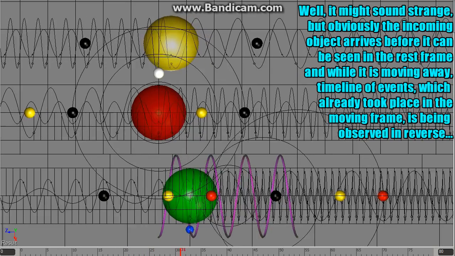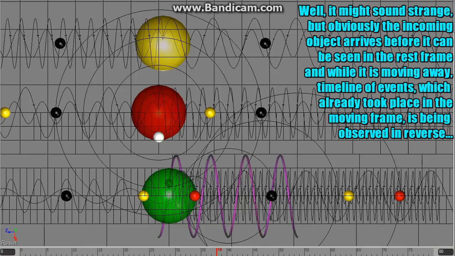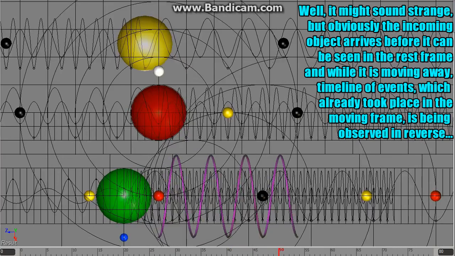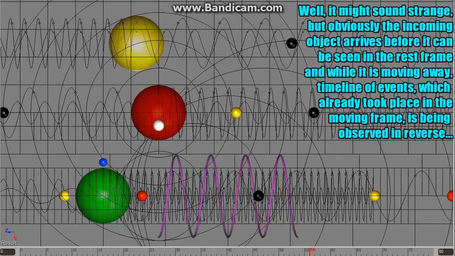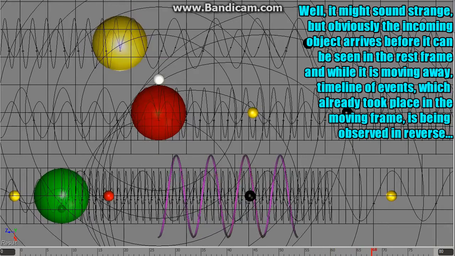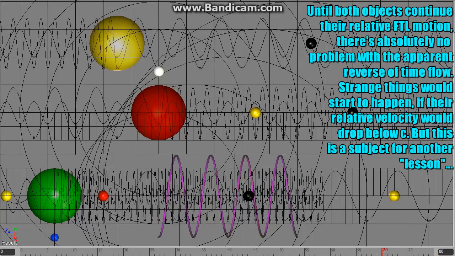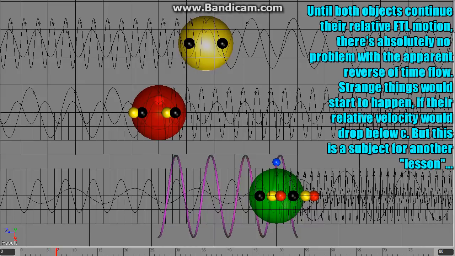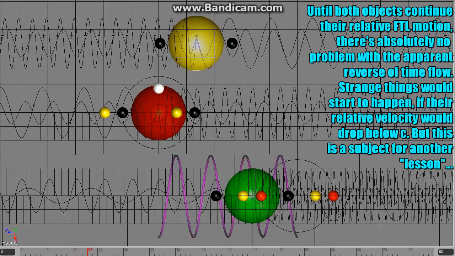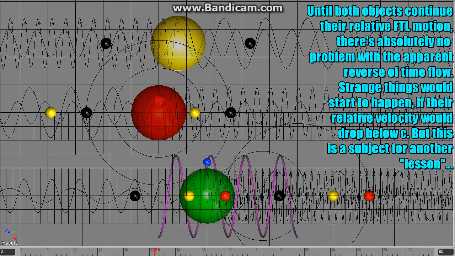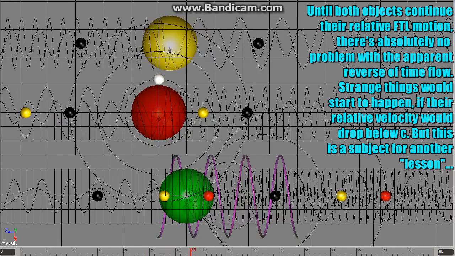Well, it might sound strange, but obviously the incoming object arrives before it can be seen in the rest frame, and while it is moving away, the timeline of events which already took place in the moving frame is being observed in reverse. As long as both objects continue their relative FTL motion, there is absolutely no problem with the apparent reverse of time flow. Strange things would start to happen if the relative velocity would drop below c, but this is a subject for another lesson.